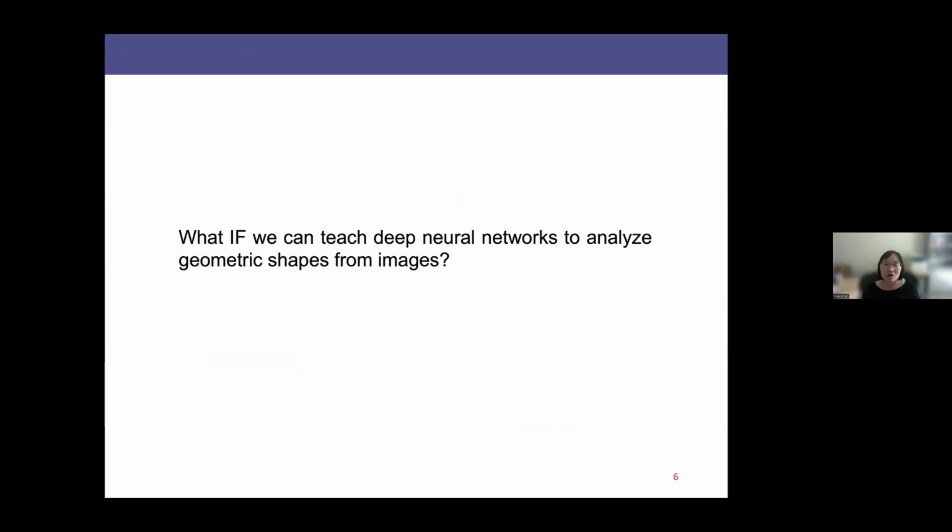So we wanted to understand what if we can teach deep networks to actually analyze geometric shapes from images, to increase the chance for neural networks to understand better and also make fewer mistakes.